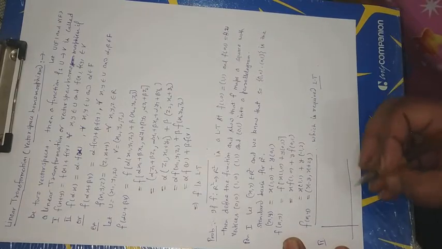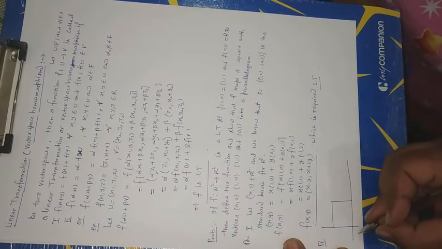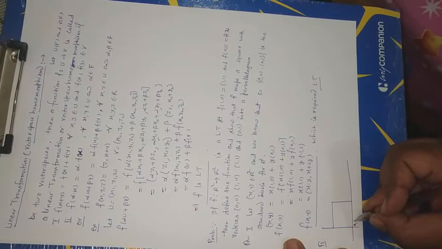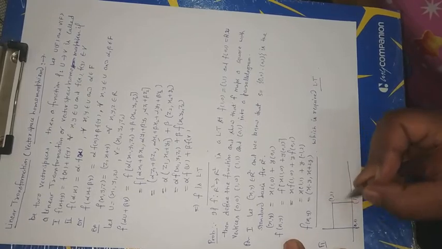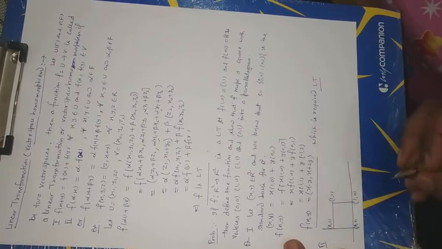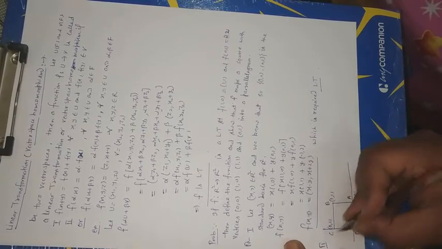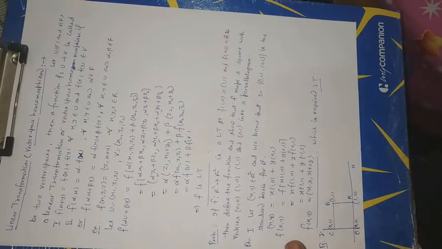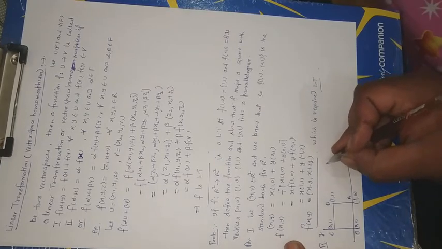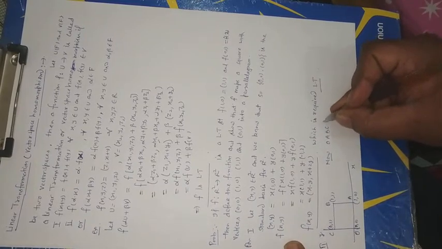We construct a square whose vertices are (0, 0), (1, 0), (1, 1), (0, 1), named O, A, B, C. This is the x-axis, this is the y-axis. That is OABC, and OABC is a square.